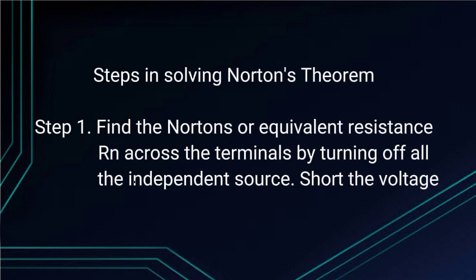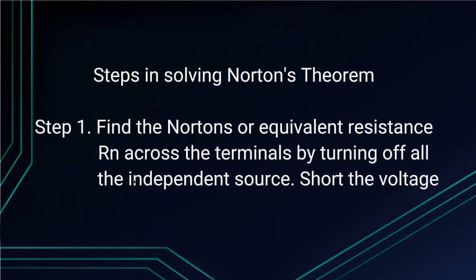There are 3 steps in solving Norton's theorem. First step is to find the Norton's or equivalent resistance RN across the terminals by turning off all the independent sources: short the voltage, open the current source. Step 2.